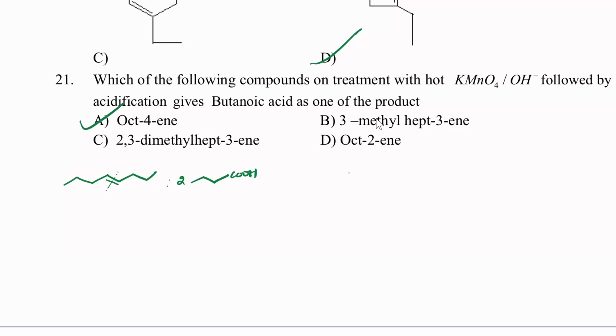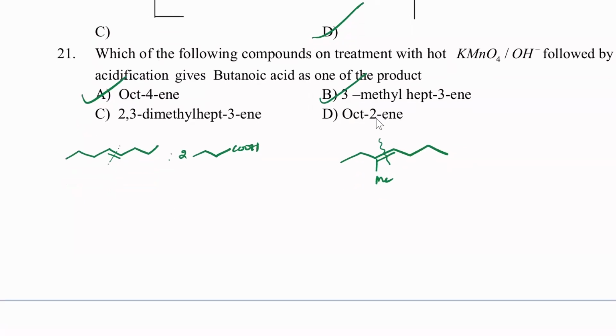3-methylhept-3-ene. 1, 2, 3, 4, 5, 6, 7. So 1, 2, 3, we have 3-ene and we have methylene here like this. So if I break it here, so what do I get? 1, 2, 3, 4. So this is also getting butanoic acid. Next. 2,3-dimethylhept-3-ene.